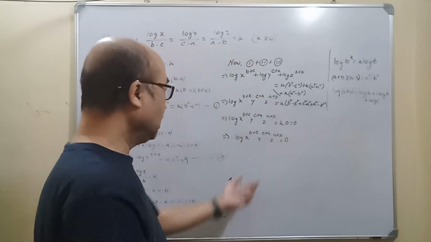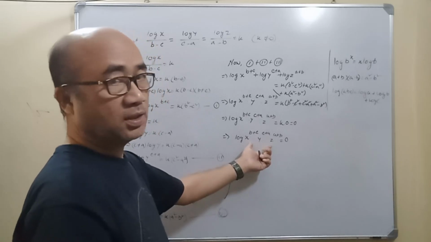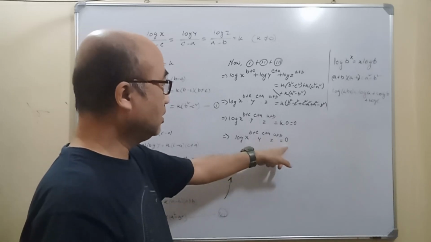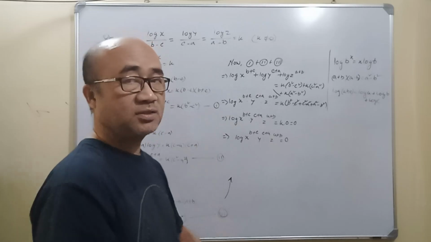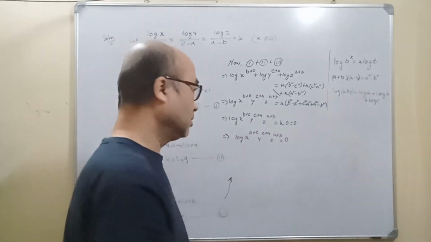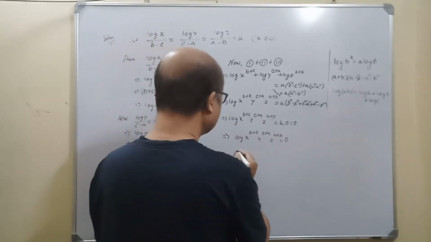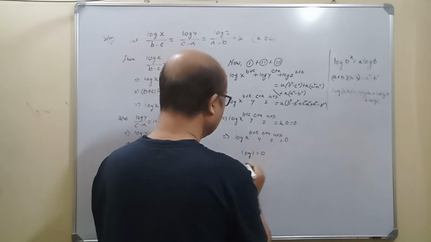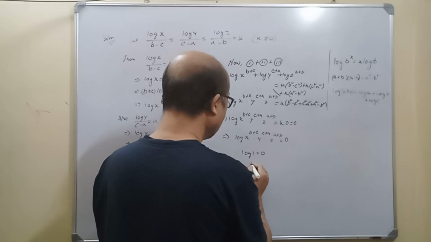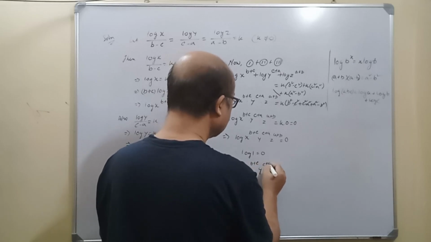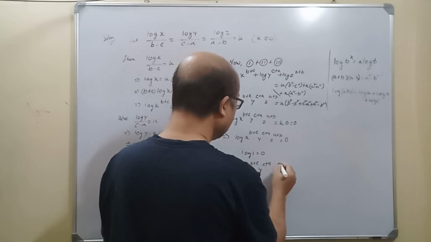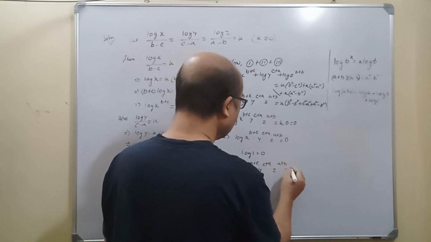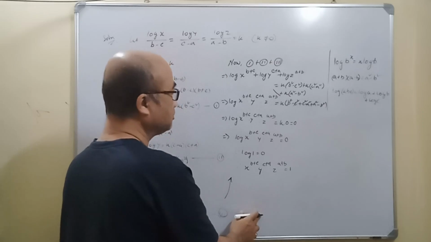Now if log of an entity is 0, then the entity itself must be 1, since log of 1 is equal to 0. Hence x to the power b plus c, y to the power c plus a, z to the power a plus b is equal to 1.